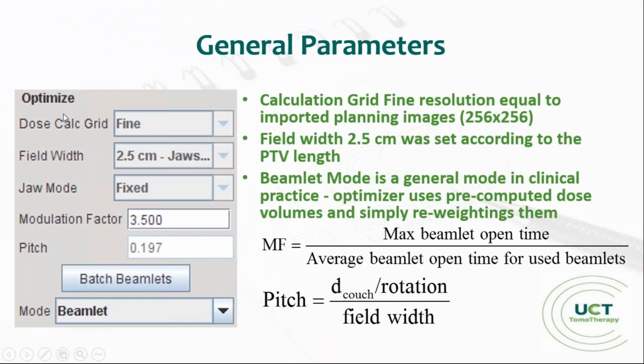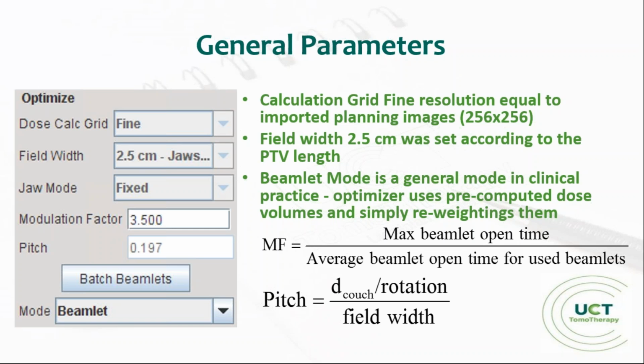So what are my optimization parameters? Calculation grid was set to fine, which gives us the best resolution for calculation. Field width was set to 2.5 centimeters, because for tumors up to 10 centimeters we use a 1 centimeter field size.